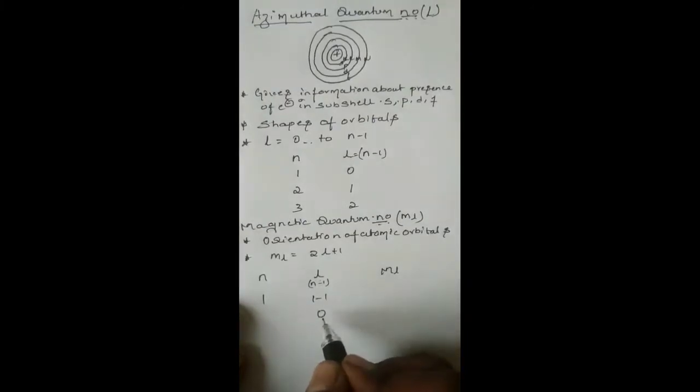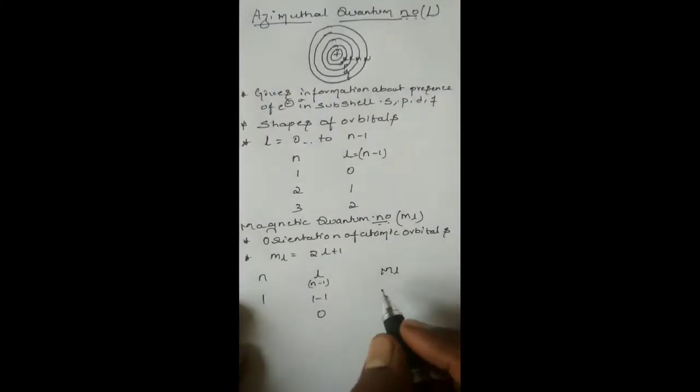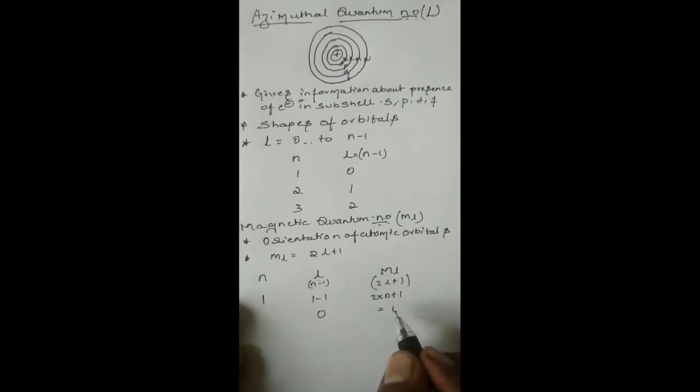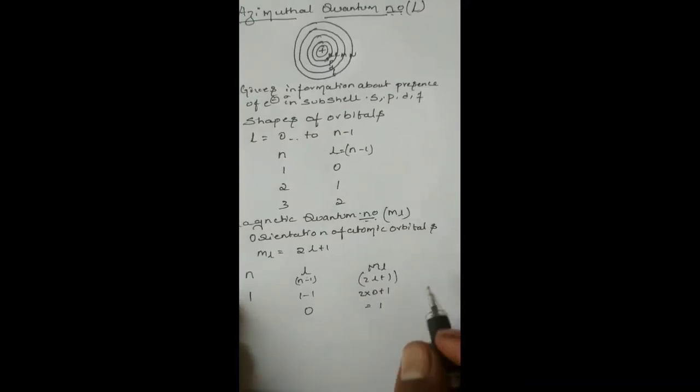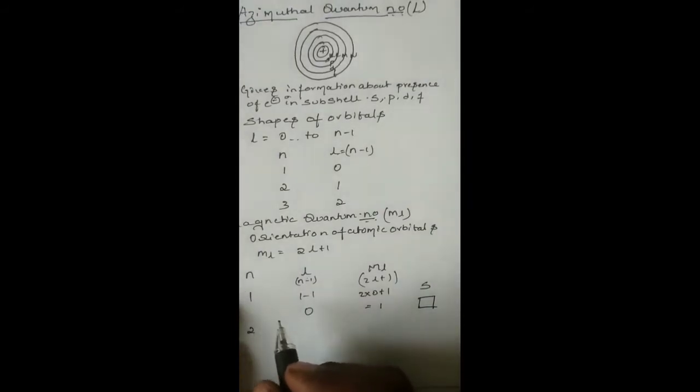If we substitute 0 in the formula 2l plus 1, we get 2 times 0 plus 1, which becomes 1. This 1 means the electron is in the s orbital. If n is equal to 2, then what will happen?